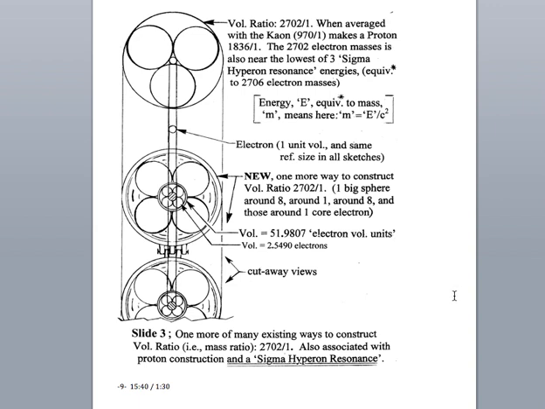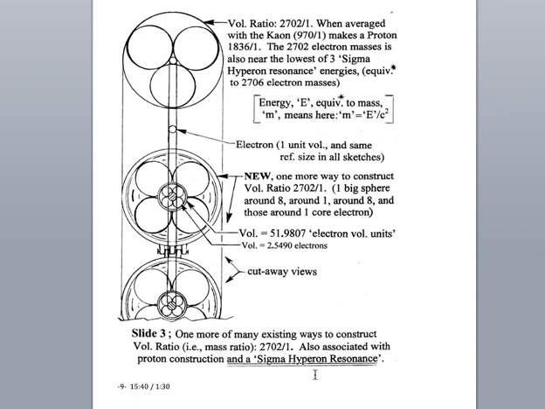That scattering is greater than if a somewhat lesser amount of total mass or a somewhat greater amount of total mass was involved. And that 2706 electron mass value is known as the lowest resonance mass or energy of the energized sigma hyperon particle.